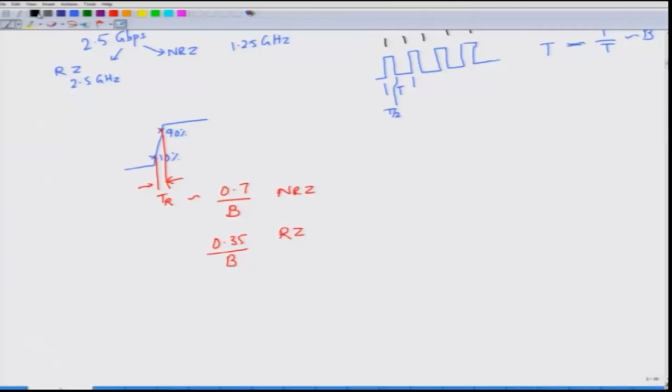So, there are a lot of factors involved in whether you transmit NRZ or RZ, but here we are interested in knowing the rise time requirements. Okay. So, my overall system rise time must be less than this quantity. It has to be less than 0.7 by B for NRZ, and less than 0.35 by B for RZ. Okay.